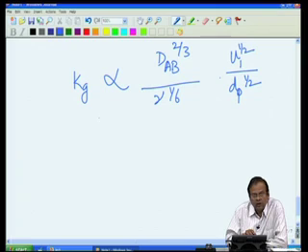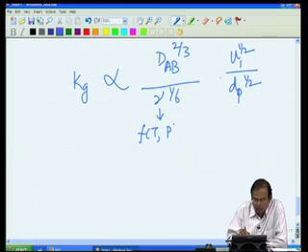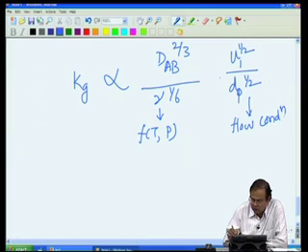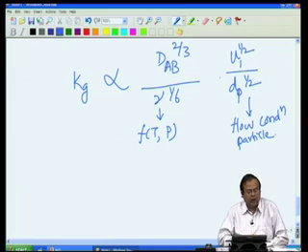Now, kinematic viscosity is mu by rho. So, these are functions of temperature and pressure, whereas these are properties of flow conditions, the velocity as well as the particle size we have.